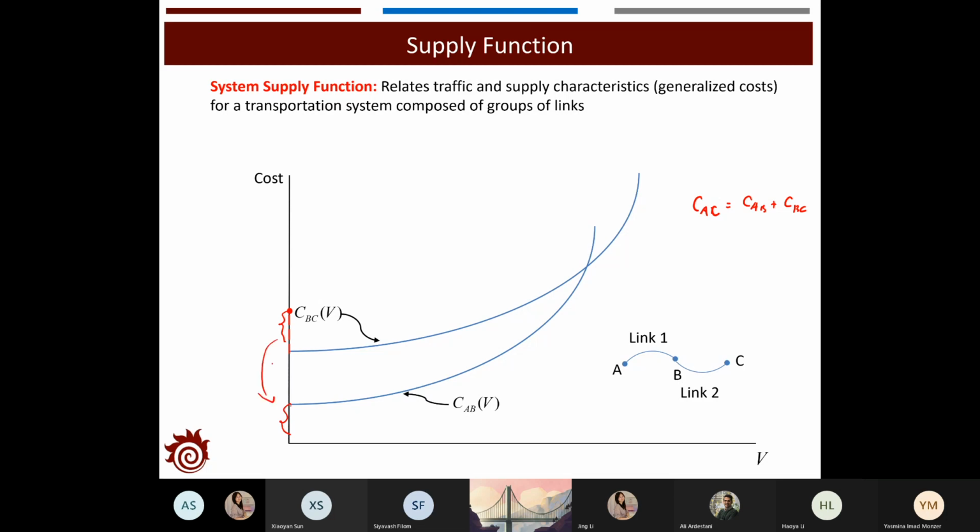These two amounts will be the same, and at another point, you add another amount to the one above, and you do the same thing for all the points together, and then connect those points. This would just be the cost from A to C, the cost of the sequential links.